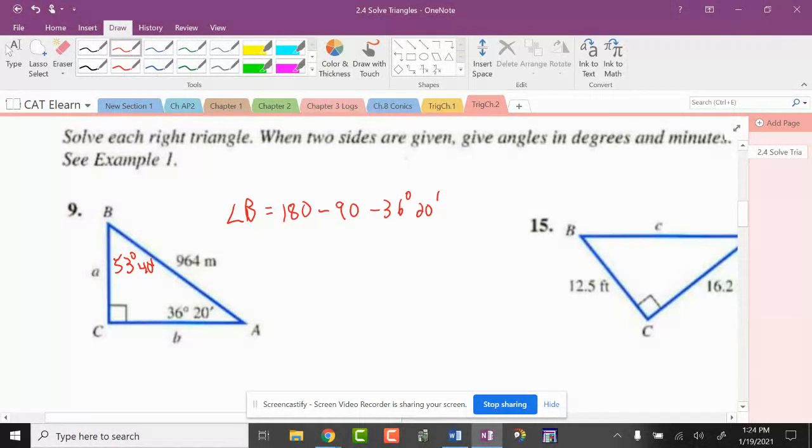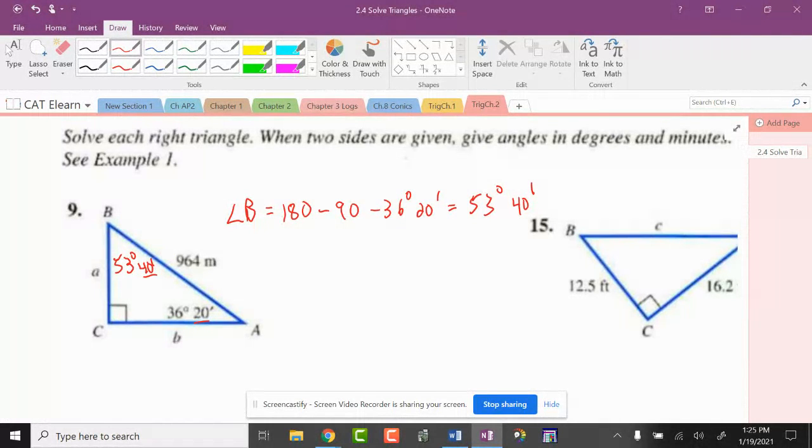So just knowing how to work with minutes and understanding that 40 minutes plus 20 minutes is 60 minutes, which is that extra degree. So these two add up to 89 degrees, 60 minutes, which is 90 degrees. 60 minutes is 1 degree. Whatever way you want to do it. If you did it with your calculator, you'd have to turn decimal back into minutes, and so on.